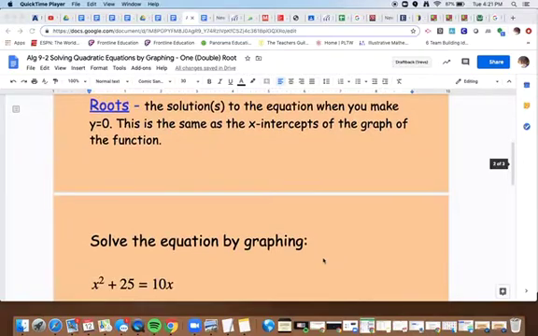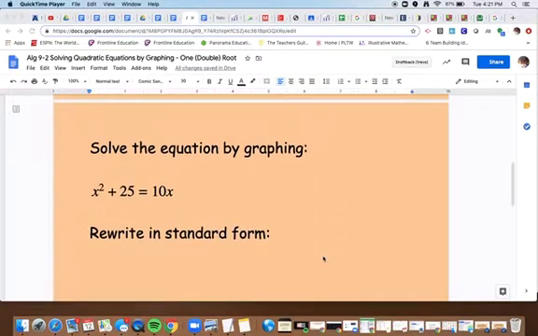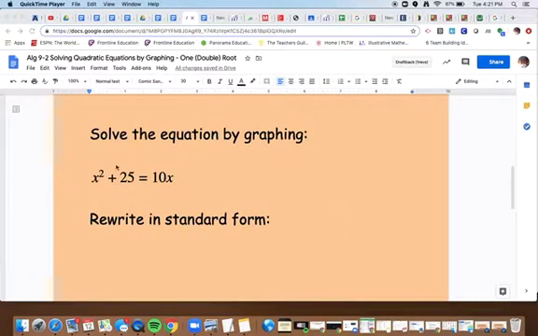All right, so we're going to do these problems the same way we did before, where we give you these equations, we write it in standard form, you set it equal to 0 first, and then you make that 0 into a y. So let's do that. I'm going to break this one down a little bit just in case the last way we did it was a little slow.